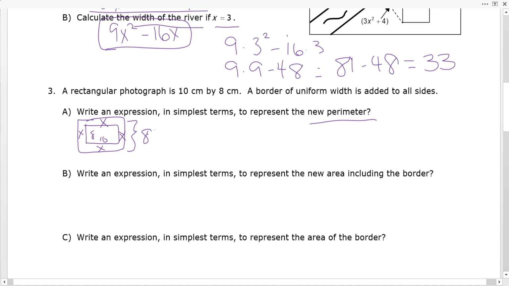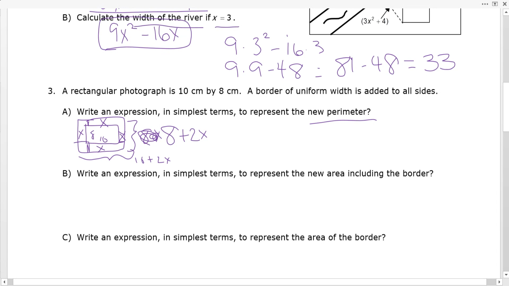Okay, so if I'm going to write an expression for the new perimeter, this length right here is going to be 8 plus 2x, because I have an x on both sides. And then the length is going to be 10 plus 2x, because I have x's on both sides.